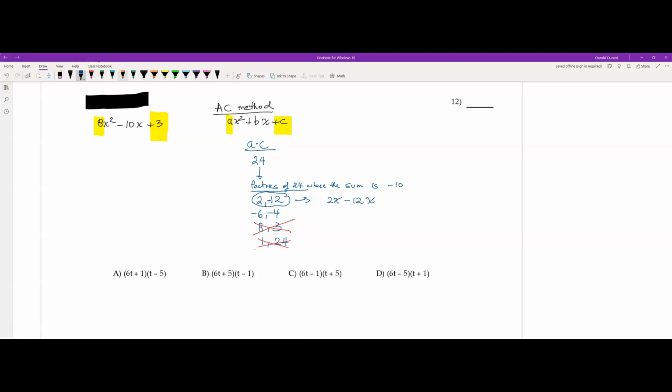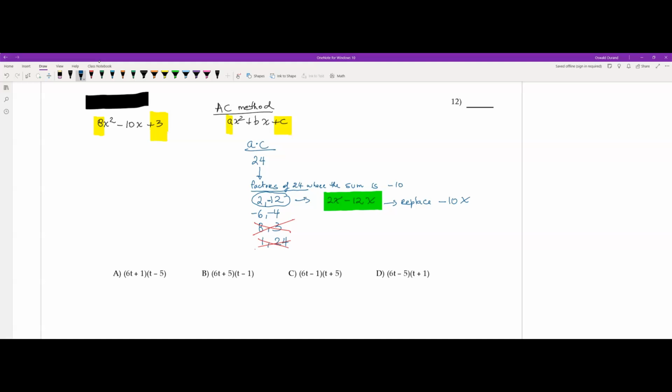We're going to put an x next to them. Because we know that 2x minus 12x is equal to negative 10x, we're going to replace negative 10x with 2x minus 12x.